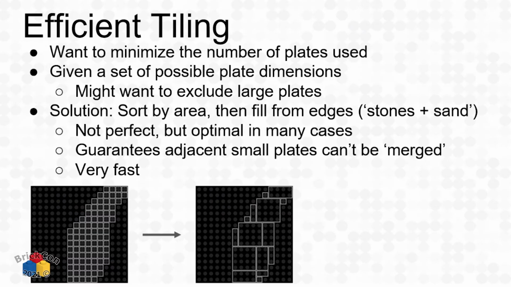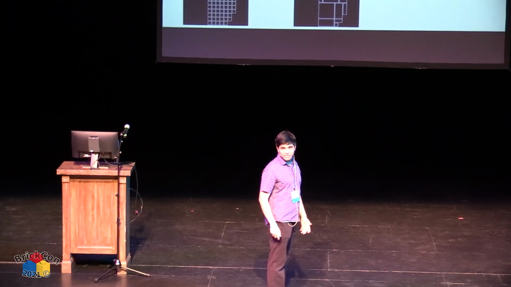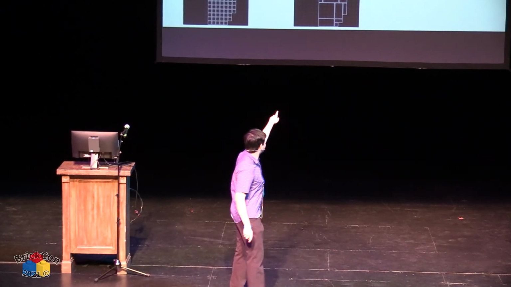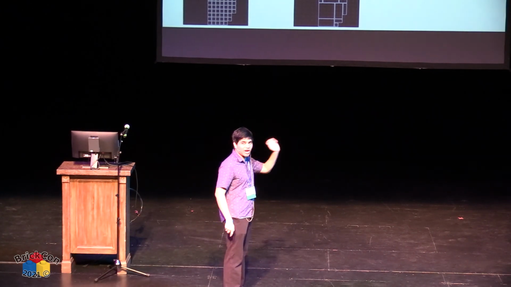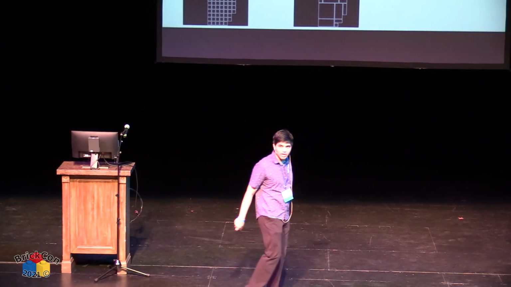Imagine this is a region of red. You can use the efficient tiling algorithm to fill it in. So yes, the algorithm can do that. I don't think Lego Art Remix does that. I might code it in, but it's a pain to code. That's most of the reason why I haven't implemented this. But yes, you can use this exact algorithm, drag and drop it in to merge the region together or merge adjacent pixels.